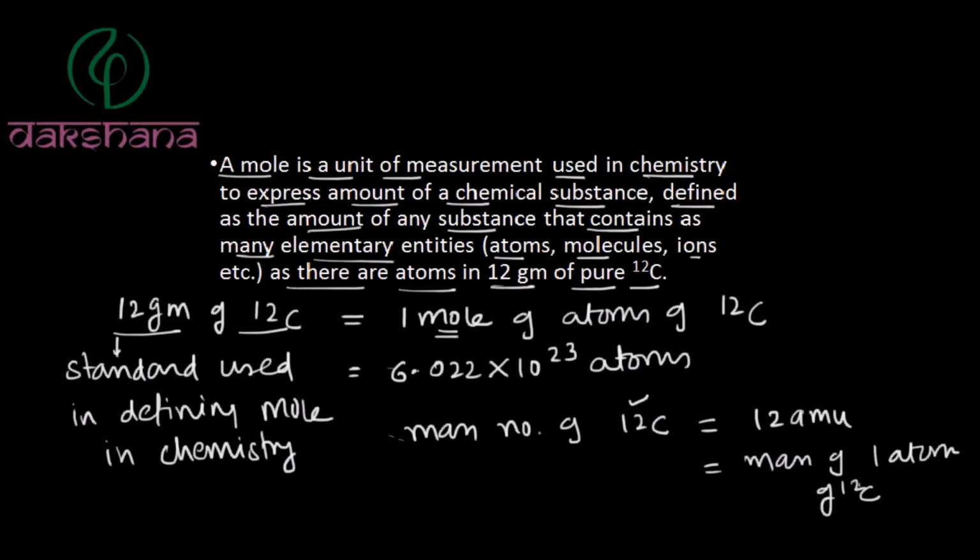Okay. So basically the mass of one atom of carbon C12 will be equal to 12 AMU.